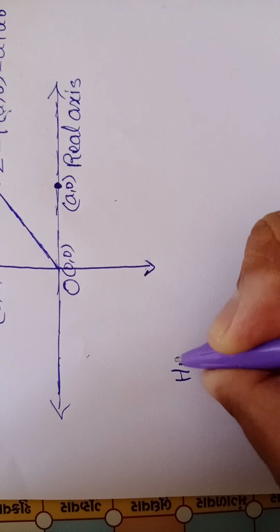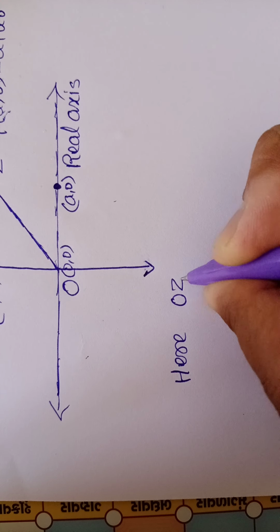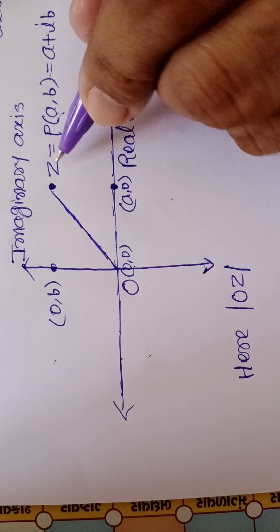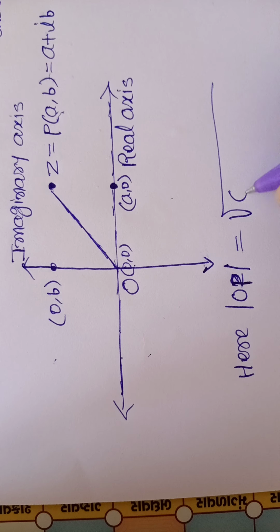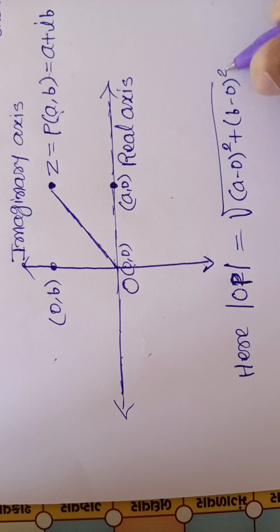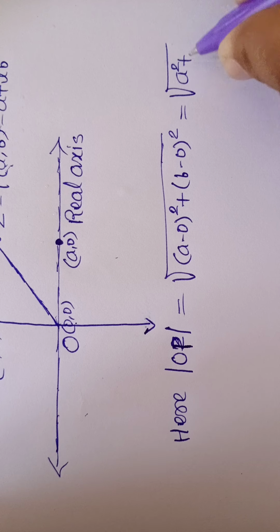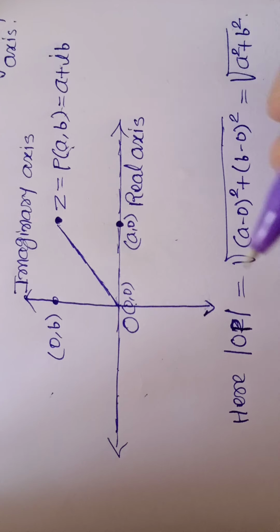Here, the distance between O and z, or O and P, is called the modulus. Then that is under root (a minus 0) square plus (b minus 0) square. It means under root a square plus b square. That is called the modulus of the complex number.